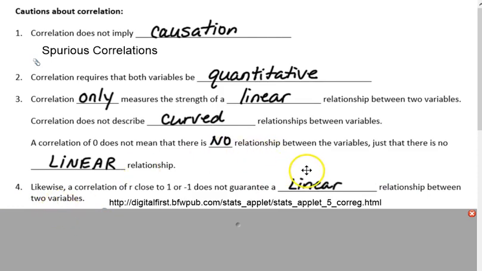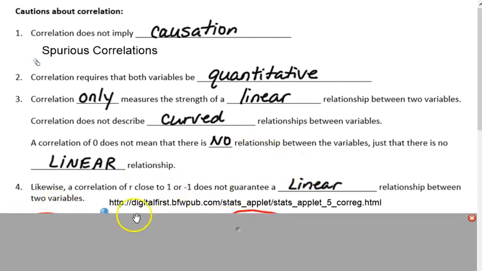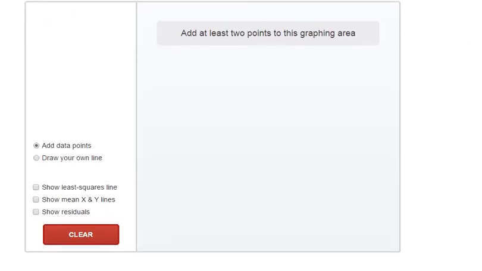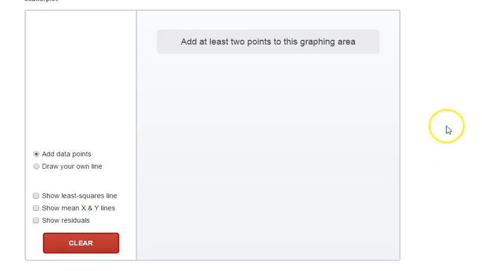Okay, so let's look at this applet here and see what it has to show us about these relationships. Let's look at number 3 first. Correlation only measures the strength of a linear relationship between two variables. So I'm going to draw a relationship that has a high correlation.